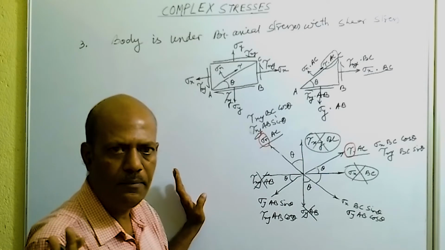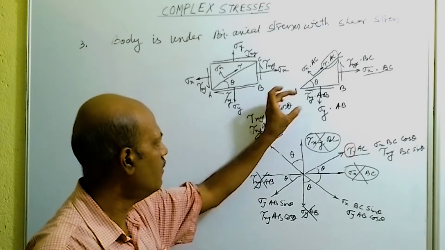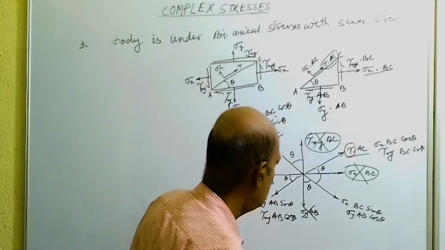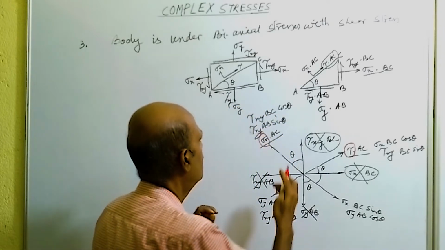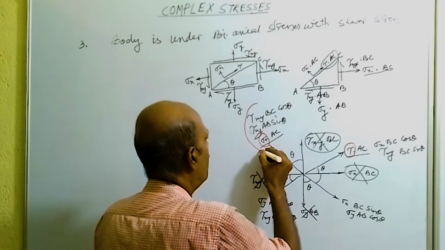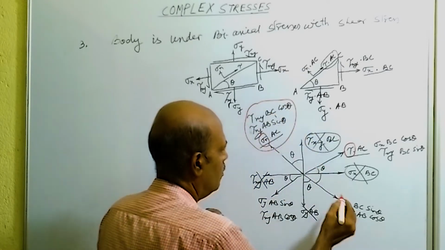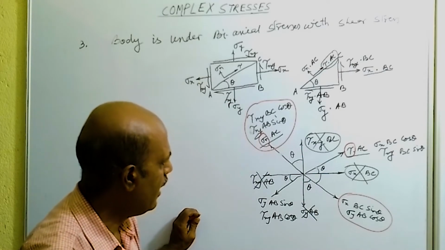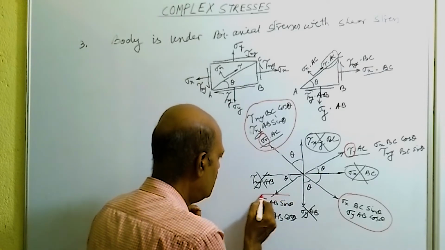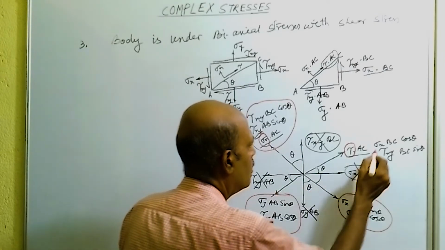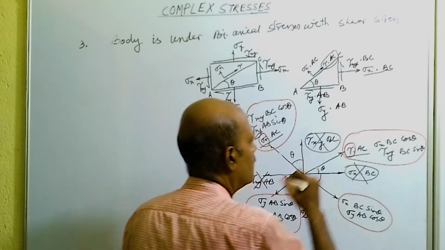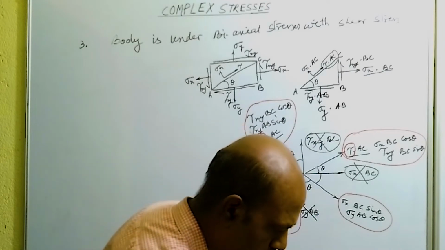For equilibrium of the element, the sum of all these forces will be equal to these forces, and the sum of these forces will also be equal to the sum of these forces. So now balancing the forces.